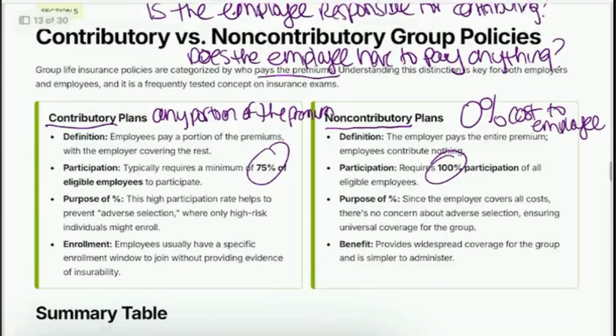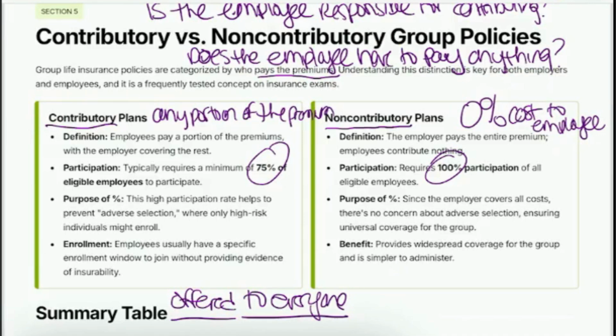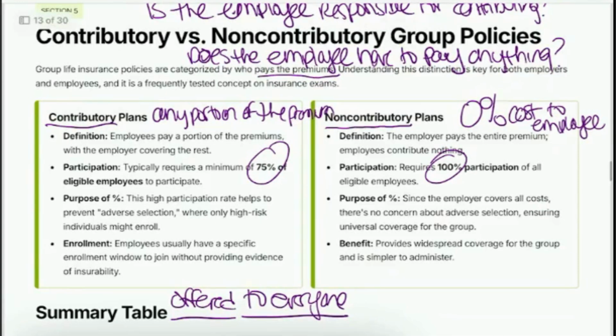That's the other thing about group policies, whether it's group health insurance or group life insurance, it has to be offered to everyone, no matter which one it is, okay? Whether you are the janitor or the CEO, you have to be offered the same plan. But if it is a contributory plan, if they are making the employees participate in the payment of it, 75% of the employees must be enrolled.